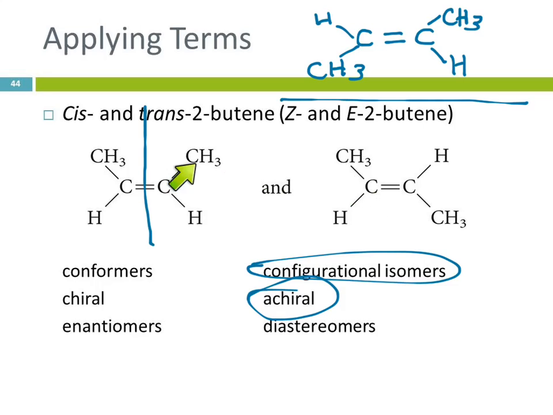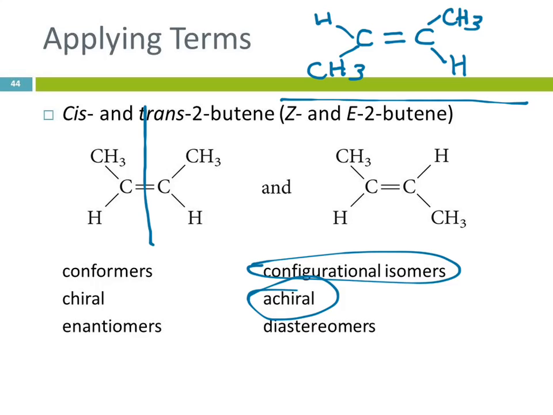These are stereoisomers because they differ only in the arrangement. The connections are the same, but the arrangement in geometrical space is different. But another way to look at this is this carbon is not chiral, that one isn't chiral. There's no chiral carbons anyway, so we could do it that way too.